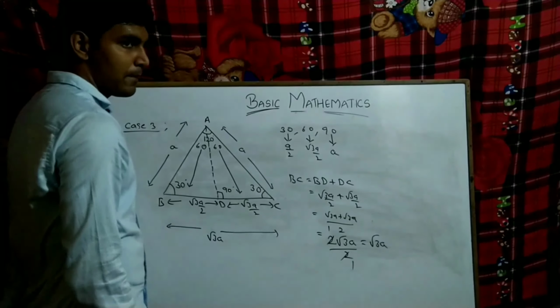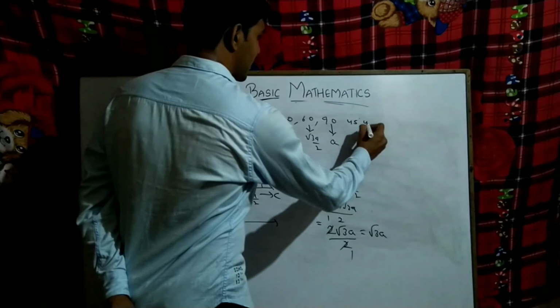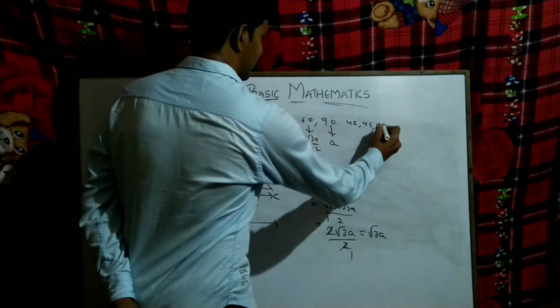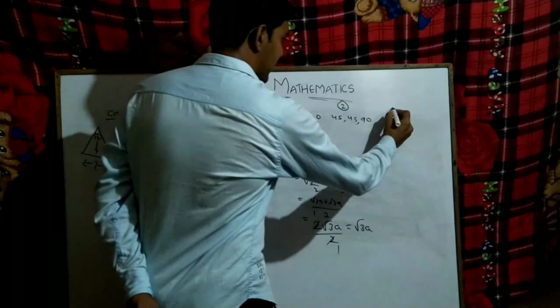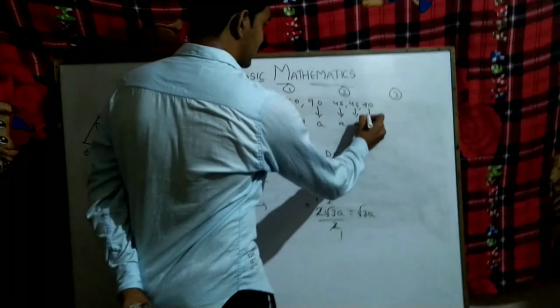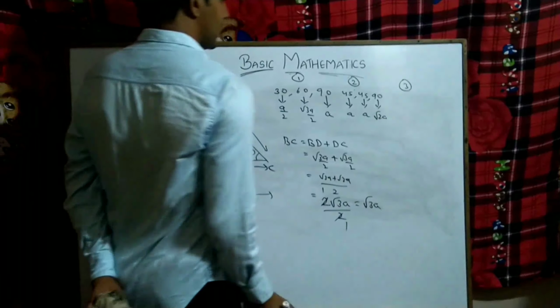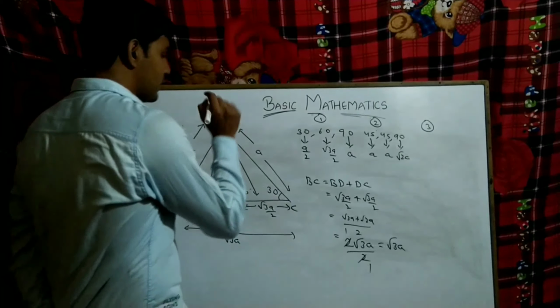So remember one thing. In the second case, 45, 45, 90, you know this. This is case first, this is case second, and the sides are a, a, root 2a. And in case 3, we are dealing with 30, 30, 120.